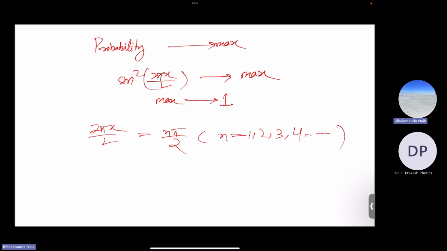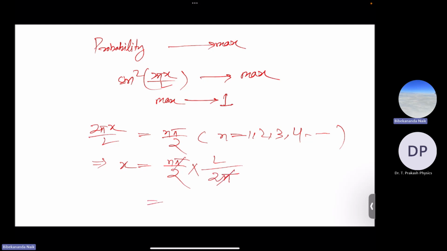So sine squared pi by 2 will be 1 for 2 pi x by L equals n pi by 2. If you calculate, x will be n pi by 2 into L divided by 2 pi.